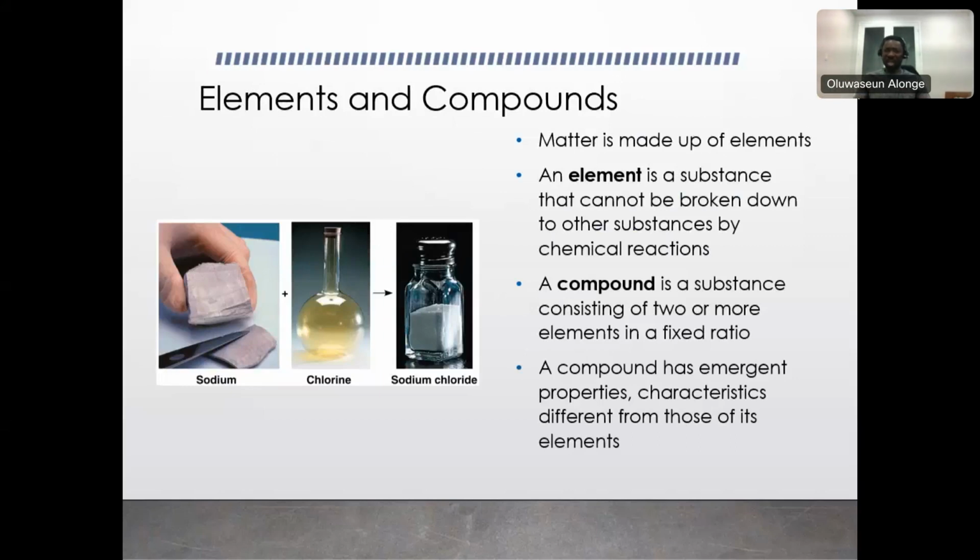So when elements react together, they form molecules, and a compound is formed through that. So a compound is formed from elements. Sodium is an element, chlorine is an element, and sodium chloride is a compound, in this case an ionic compound.